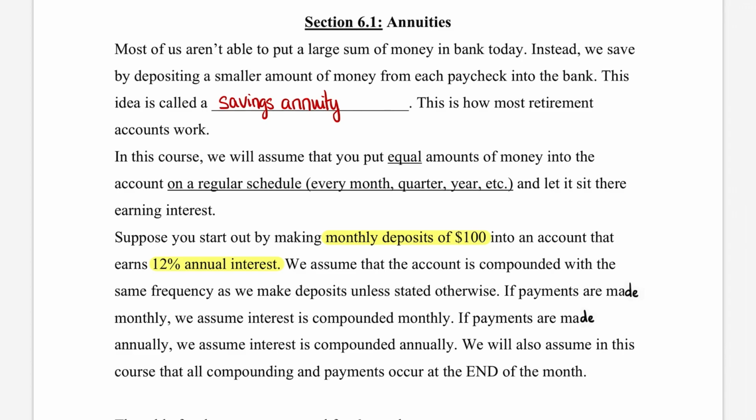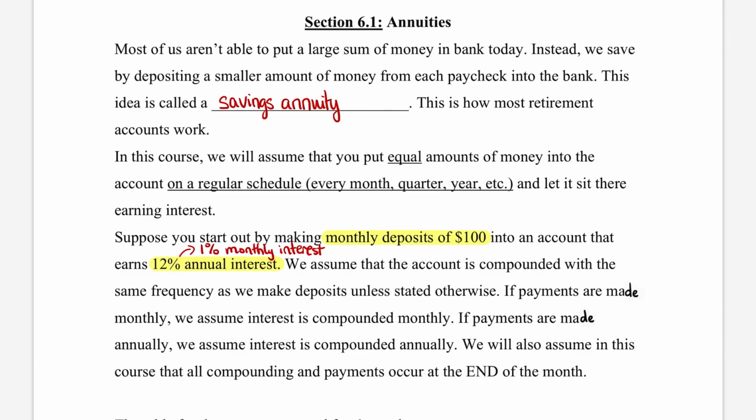So in this case, I deposit $100 into the account every month, so my interest should be compounded monthly. 12% annual interest is equivalent to 1% monthly interest, because there are 12 months a year, so I'll just take 12% divided by 12.